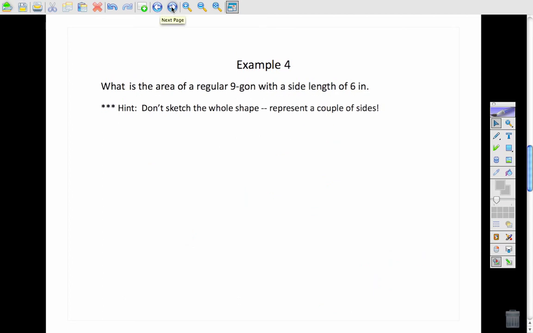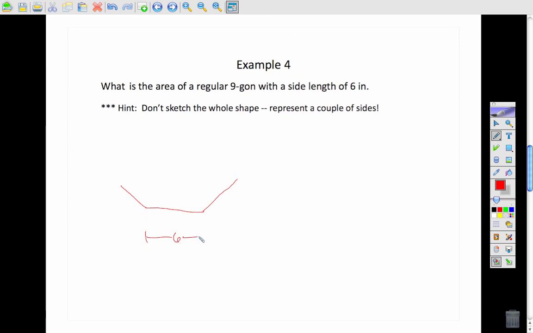All right, one more example, because I don't think you can have too many of these. We want to find the area of a regular n-gon with a side length of 6. And I've had the diagrams on all the others, so my hint to you now is that you don't actually have to sketch the entire shape. You can kind of just draw a sketch of, I always draw about 3 sides to get the idea that it's a shape that goes around.